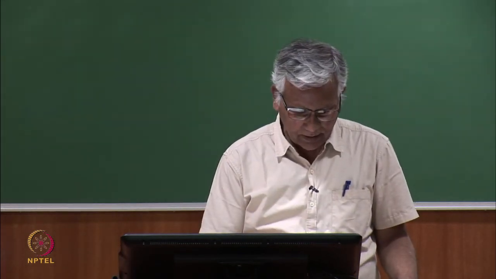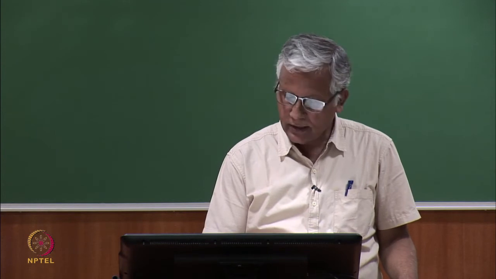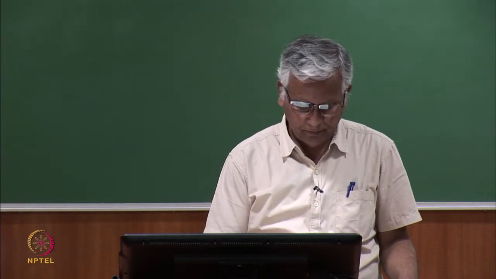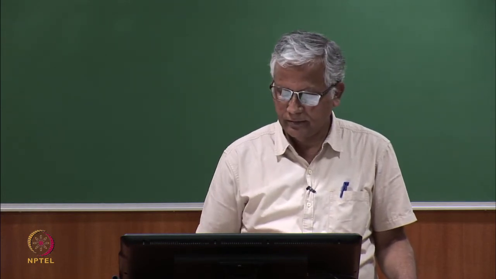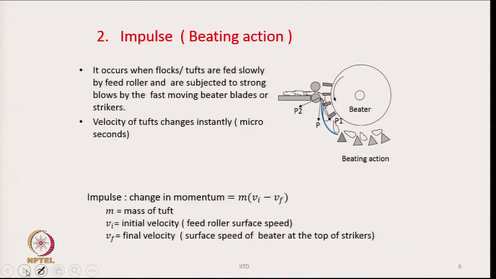Okay. The next one is actually impulse through beating action. We have discussed the beating action earlier while discussing the opening of tufts. So, what happens in the beating action?